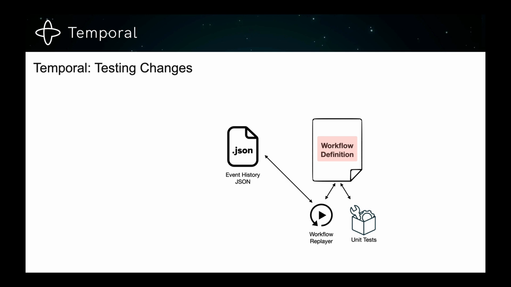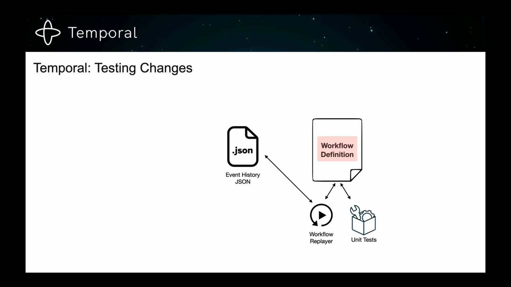But in addition, Temporal for both the Java and Go SDKs provides a class, the workflow replayer, which allows us to take in this event history JSON and replay it and make sure that those instances that are still running, which haven't picked up the changes in the workflow definition, are still going to be fine during workflow replay, and it's not going to break their determinism.